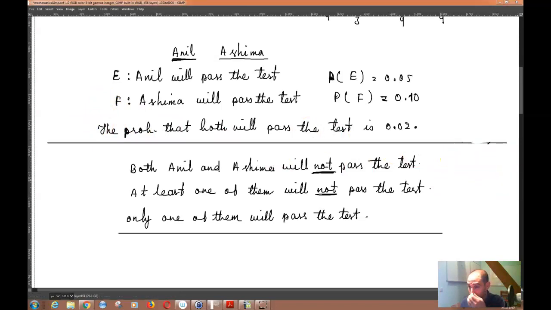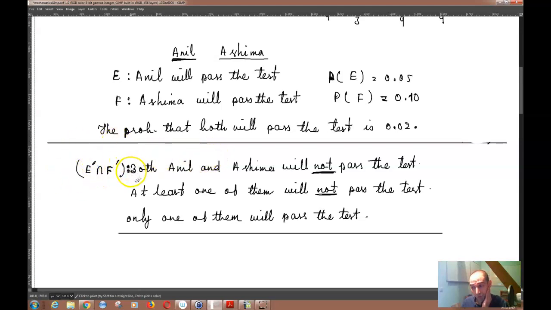So now the solution tells me that the event both Anil and Ashima will not pass the test, or will not qualify the examination, may be expressed as E prime intersection with F prime. Based on E and F, I can write this as E prime intersection with F prime, right?